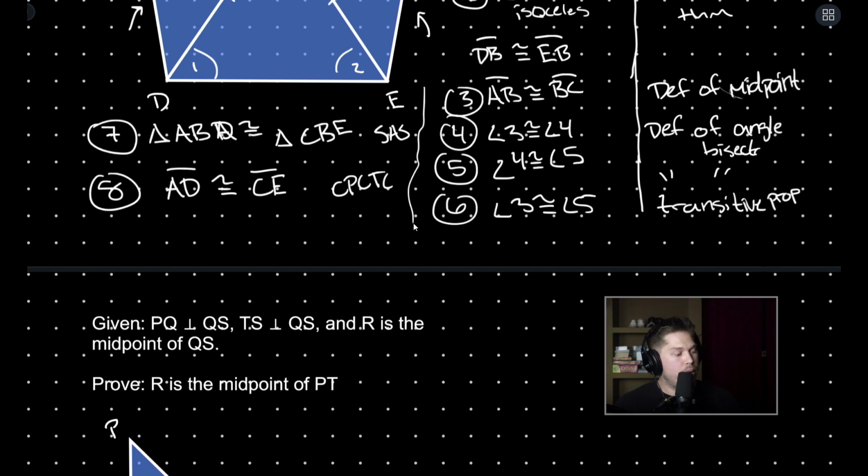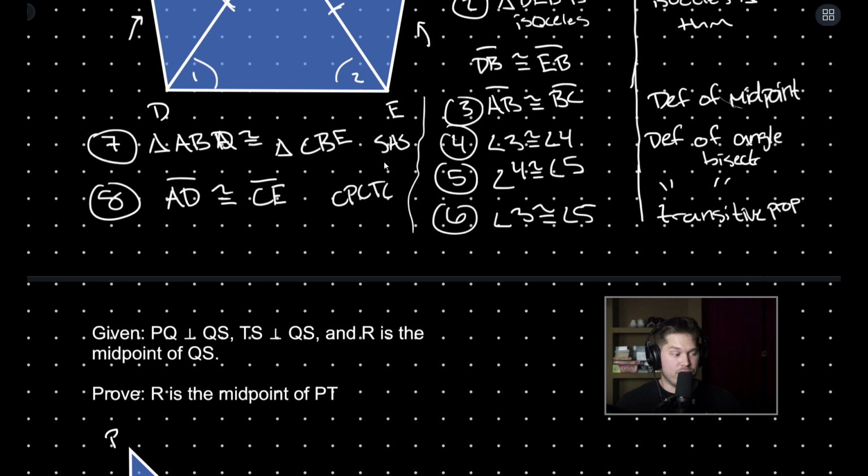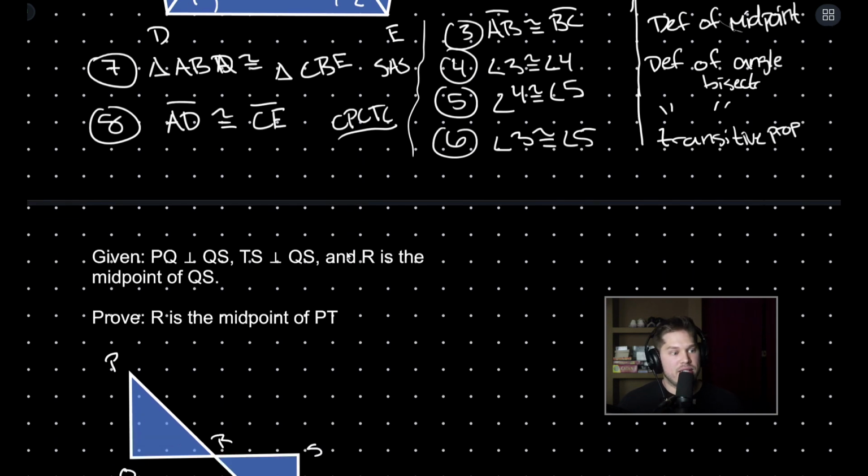Therefore, we know that by side angle side, our left-hand triangle and our right-hand triangle are congruent. And then because our triangles are congruent, these two segments of our triangle are congruent. And that's again by CPCTC, which is congruent parts of congruent triangles are congruent.